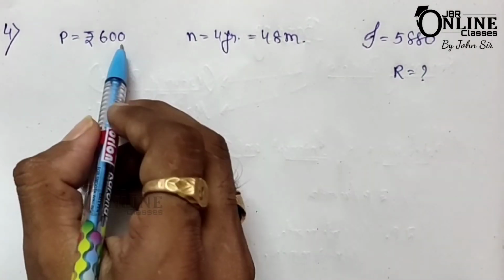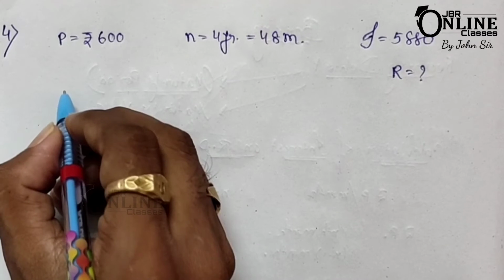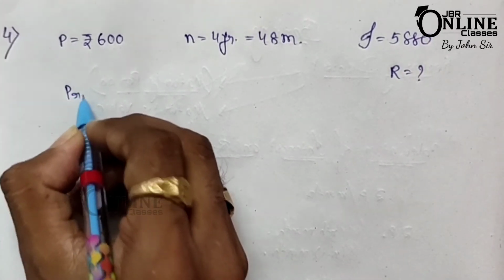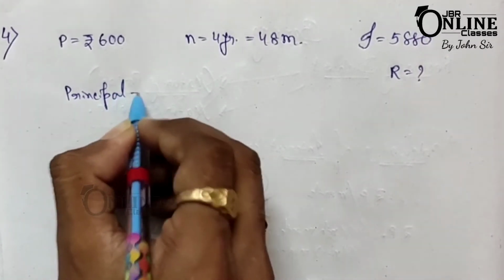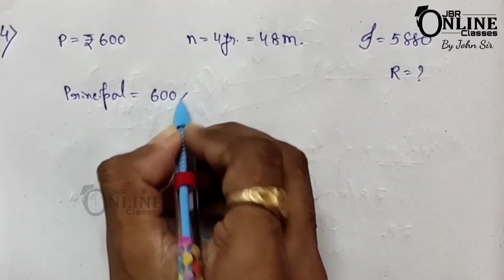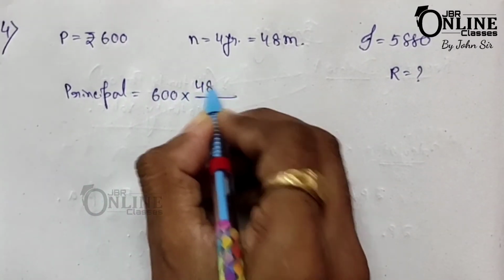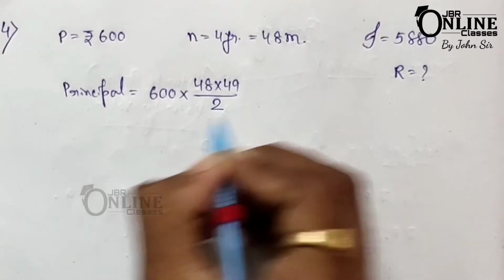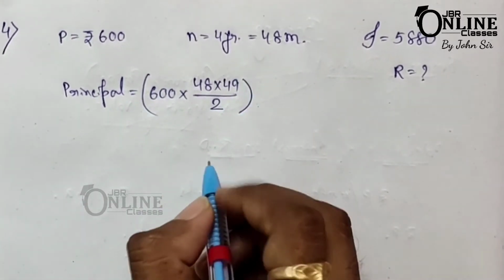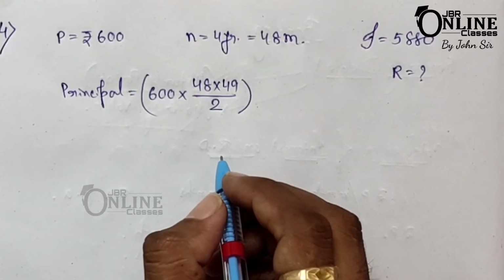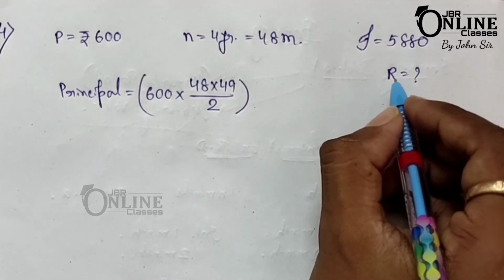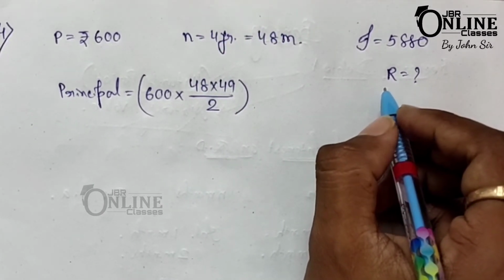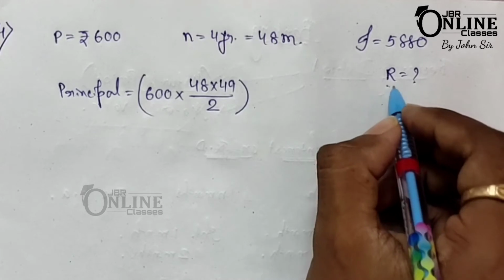So here P equals 600. So total deposit, so total principal, P into, that means 600 into 48 into 49 by 2. So that equals total principal. Now according to the formula, let R be the rate.